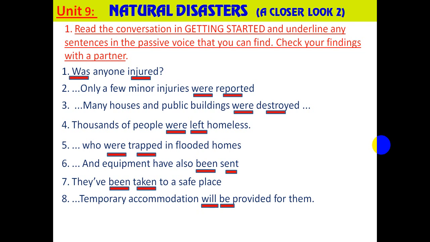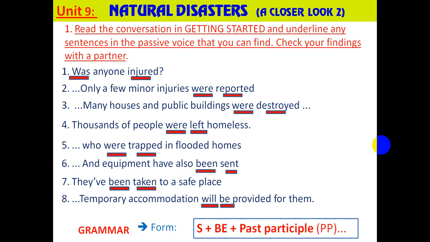Of course, they are about the passive voice in Getting Started: to be and verb past participle. 8 sentences. We focus on the grammar notes, the form. We have a subject, to be, past participle.